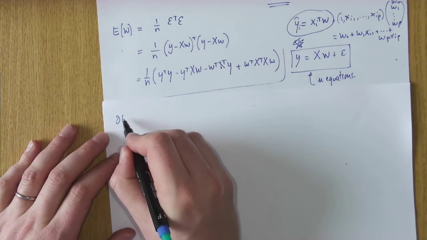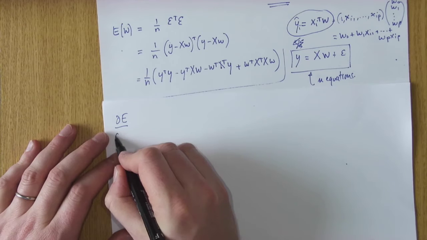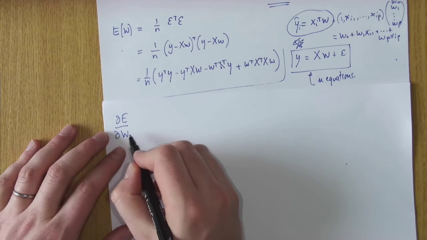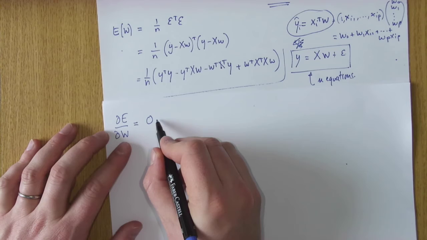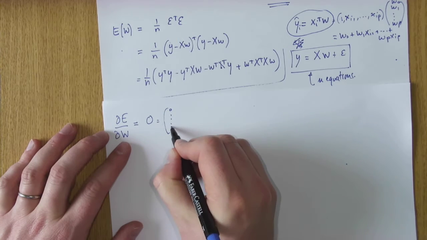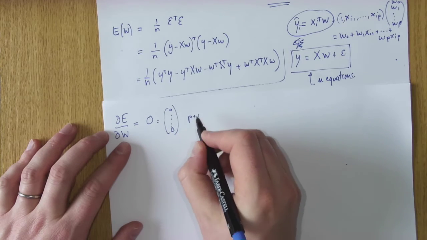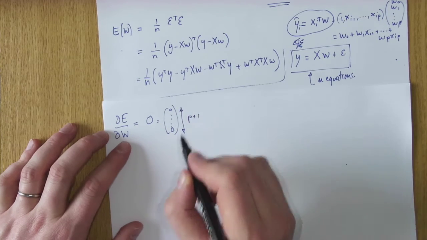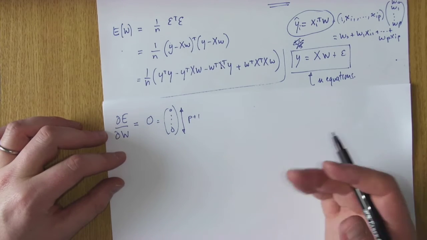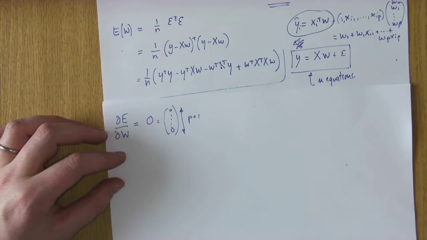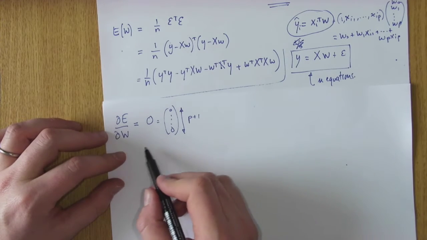And what we say is we want the gradient according to W, the weights, to be 0. This time 0 is actually the vector of all zeros, and you have p plus 1 zeros at this point. So this is what we want to solve.